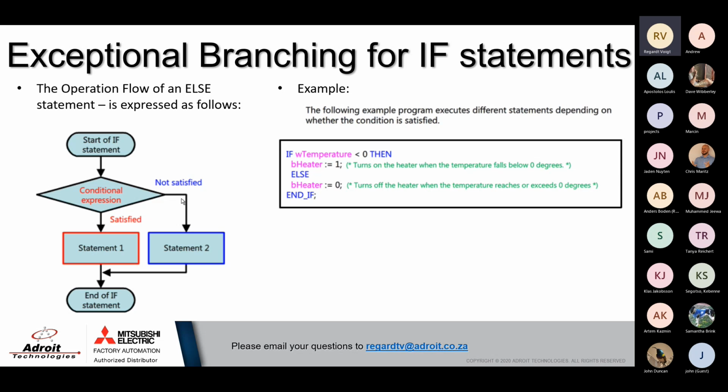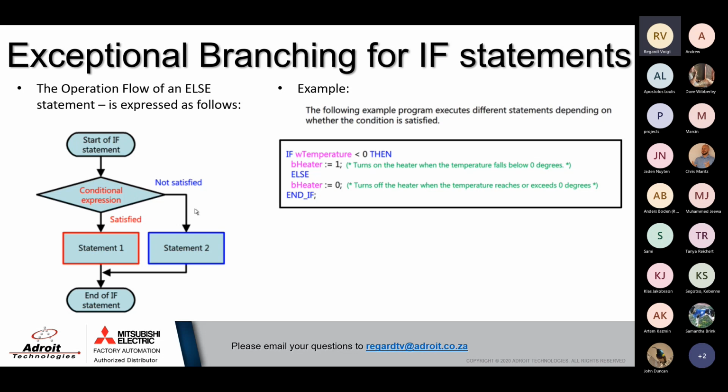Okay, thanks. If you look at the flow chart here, you will have your satisfied and non-satisfied statements that would be performed. Just to mention again, there should be another line from the conditional expression to the end of instruction if neither of these statements are met.